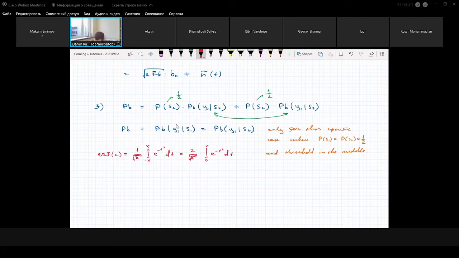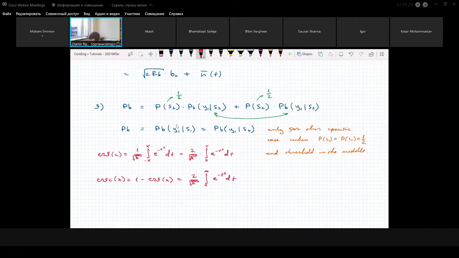That is the first option, but for us it will be more convenient to use the so-called complementary error function. It is nothing else than 1 minus the error function. The complementary error function of x, which is 1 minus the error function of x, can be found as 2/π under square root times the integral from x to infinity of the exponential function minus t squared dt.